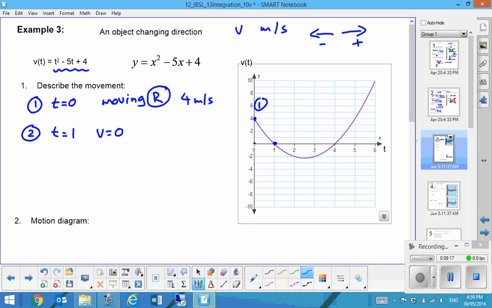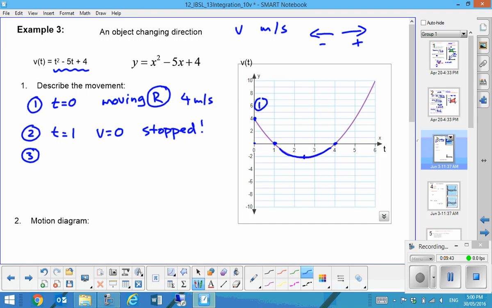It's stopped. Okay. Now, here it's stopping again at time equal to 4. What's happening in this region here, between 1 and 4? It has a negative velocity.